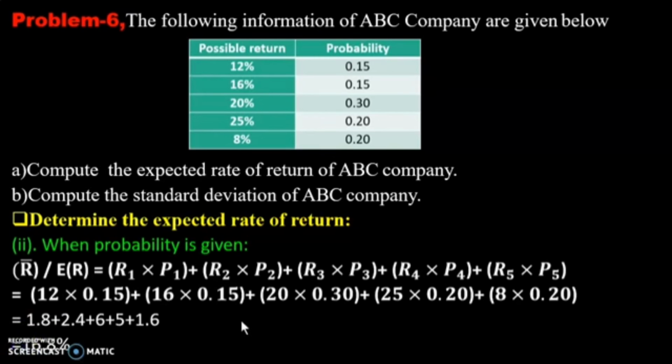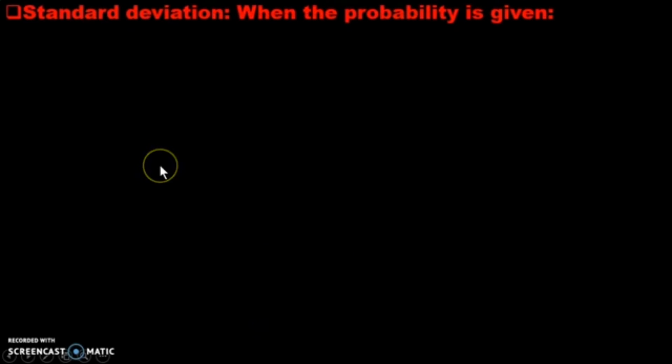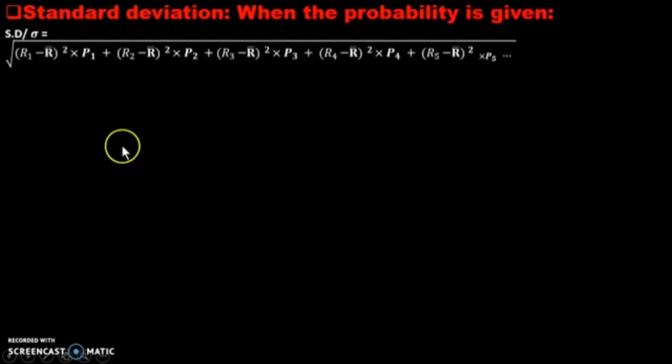Now we calculate the standard deviation. Standard deviation when the probability is given, and the formula is (R1 minus R bar) whole square into P1 plus (R2 minus R bar) whole square into P2 plus (R3 minus R bar) whole square into P3 plus (R4 minus R bar) whole square into P4 plus (R5 minus R bar) whole square into P5.